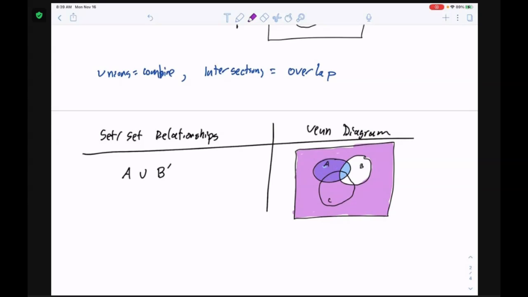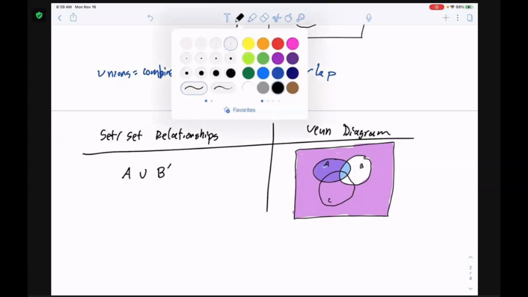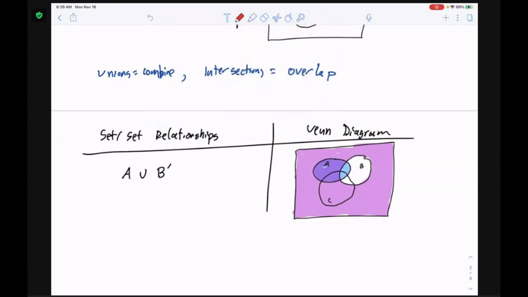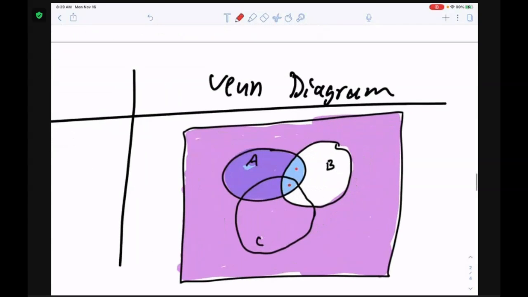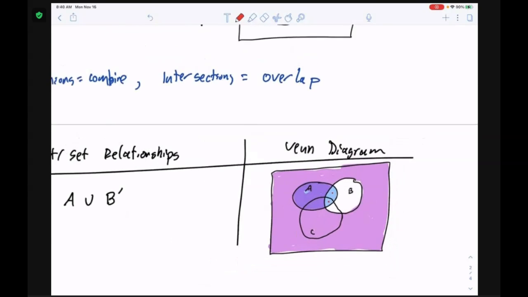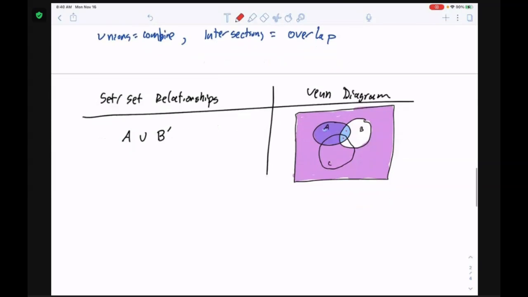So I included A plus. Now the only real part that it adds, I want you to note, is these two little small regions right here. So when I combined them, if I just thought of not B or the complement of B, it added these two little pieces right in here. Okay.